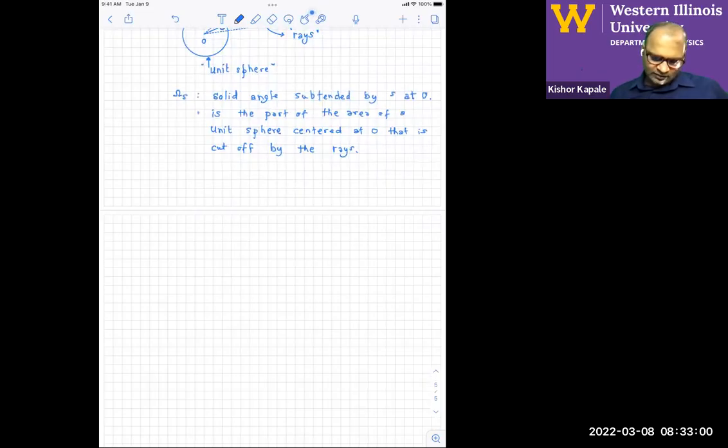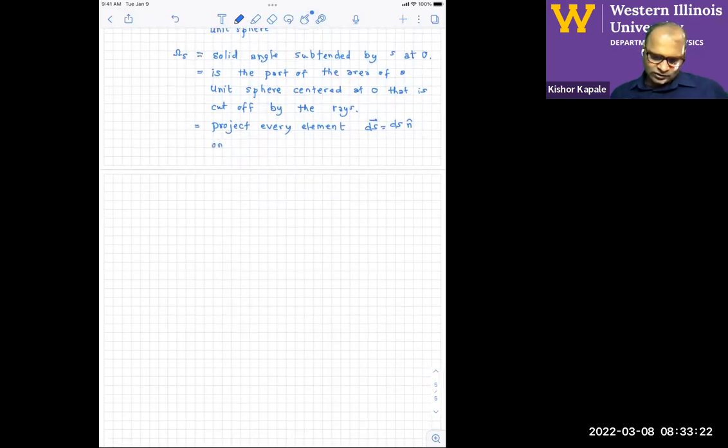So another way to think about this is to project every element ds of that surface, which you can write as ds times n hat, onto the direction rs minus r.